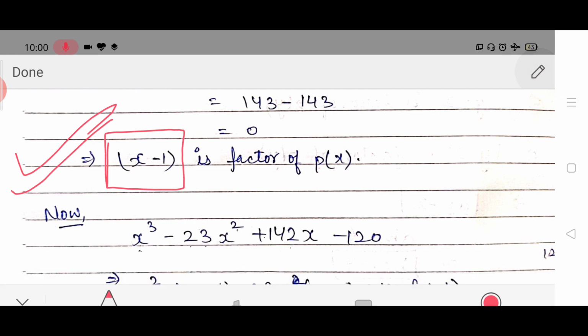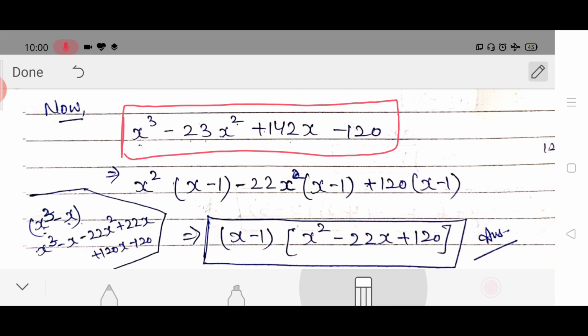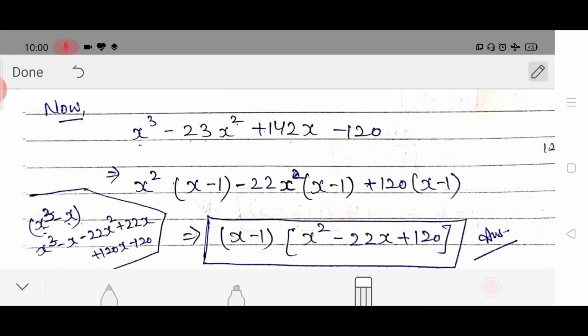Now you have written the polynomial given in the question. The first step is to write the factor you have obtained, that is x - 1. You see that our first term is x cube.